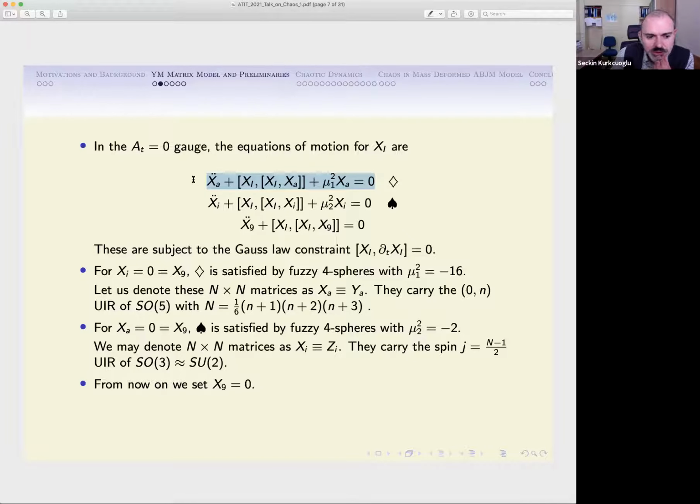Then you can solve this matrix equation by what are known as matrices, which we will call the fuzzy four spheres, if you take a tachyonic mass, mu1 squared equal to minus 16. I will denote this solution of these n by n matrices by YA, just very briefly.